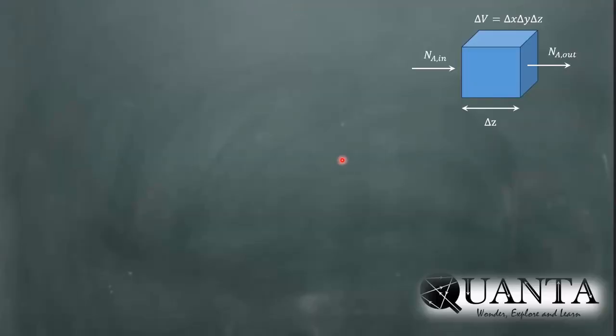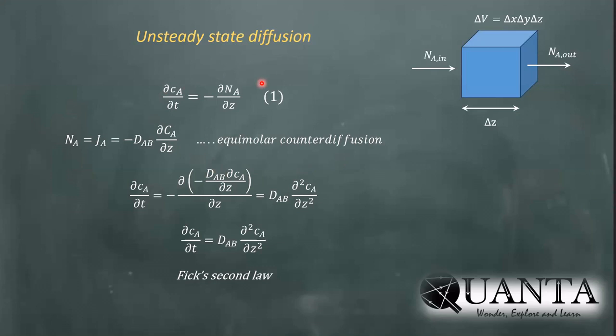Let's use the equimolar counter diffusion, in which the flux with respect to a stationary observer is the same as the diffusional flux, to simplify the differential equation. So if we plug the diffusional flux into equation 1 for NA, after some manipulations, we ultimately get on the right-hand side the second derivative of concentration with respect to distance.